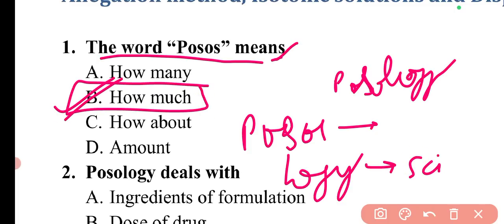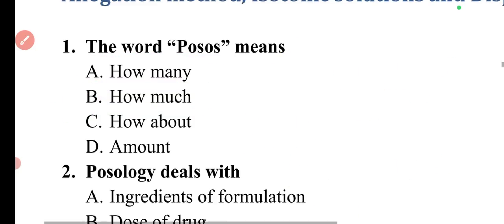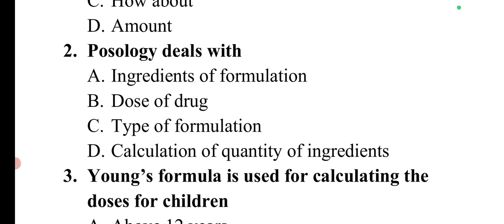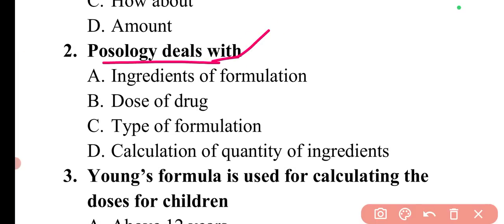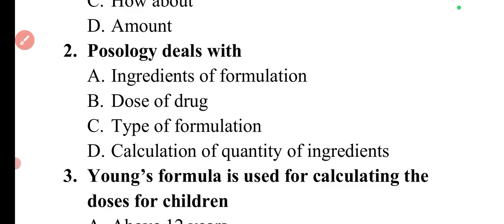Logi means science. So posos means how much, and the correct answer is option B. Next question is, posology deals with. This term deals with the dose of a drug, so option B is correct.